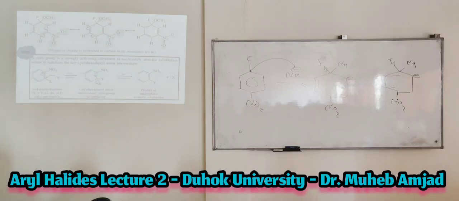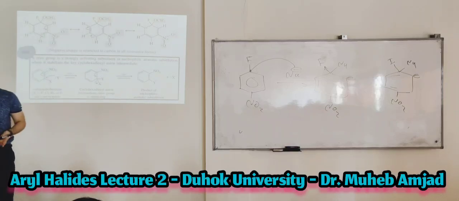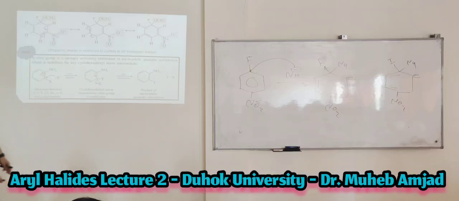Be careful, okay? In your exam, when you write the answer, be careful. The negative charge is at the ortho and para positions. There is no negative on meta, this meta or this meta. So the negative charge sticks to the carbon in the resonance form. The negative charge here is just over carbon atoms. There is no negative on the oxygen atom.